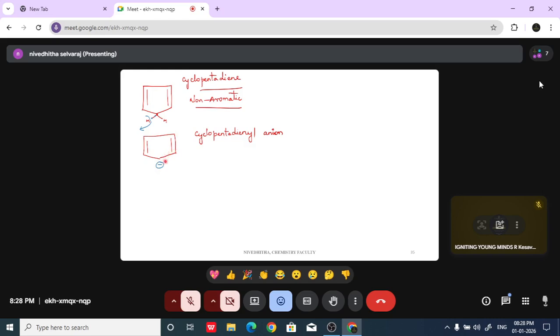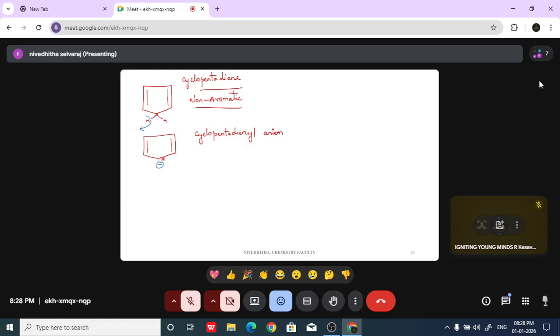Again, we have to check whether the double bonds are in conjugation. Listen here, very important point. Double bond, single bond, double bond, single bond, single bond. So here we have no conjugation.